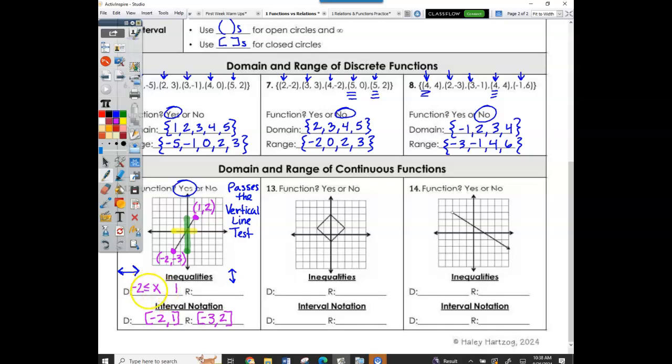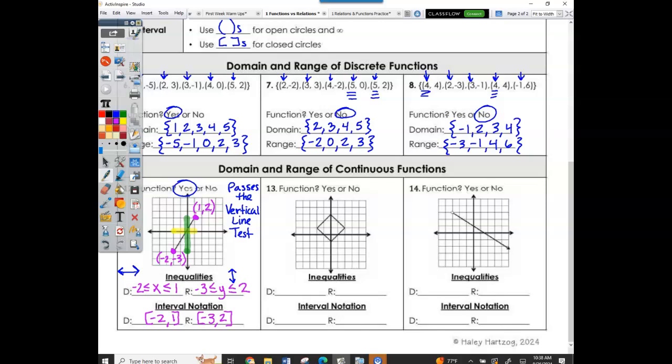And then we said whenever it's bounded, they face like that. Because that means x is in between -2 and 1. And it was brackets because it was closed. For range, we're talking y's. My low bound's -3, my high bound is 2. We are talking about our y's. So y will run from -3 to 2.